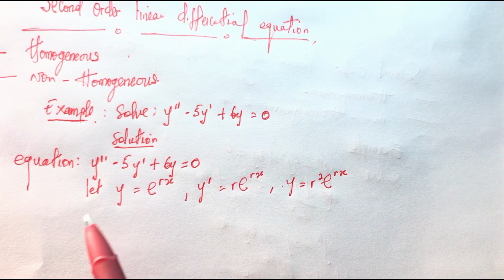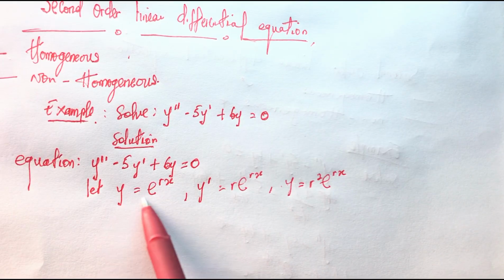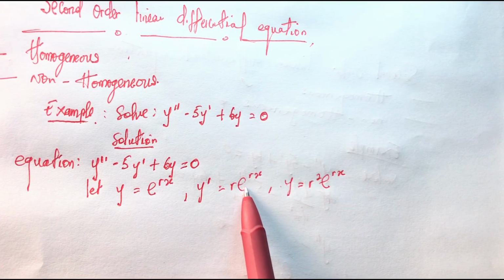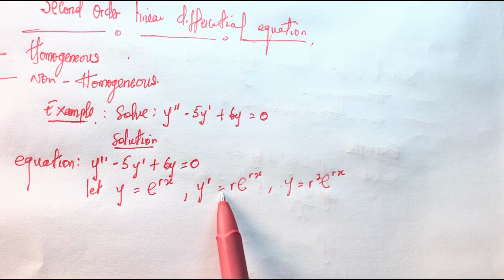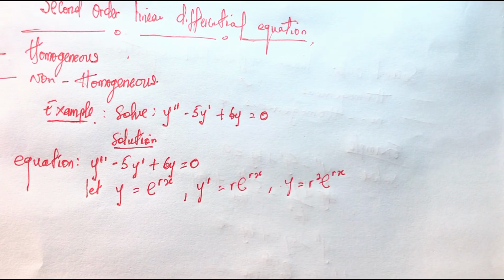So if we let y equal this, then differentiating y gives us this, which means this one multiplied by this. Differentiating again gives us this here.